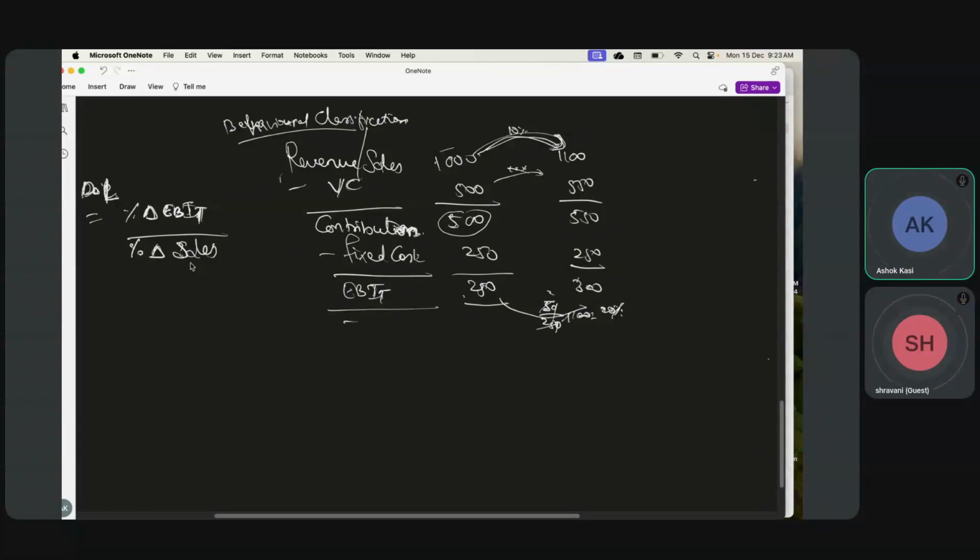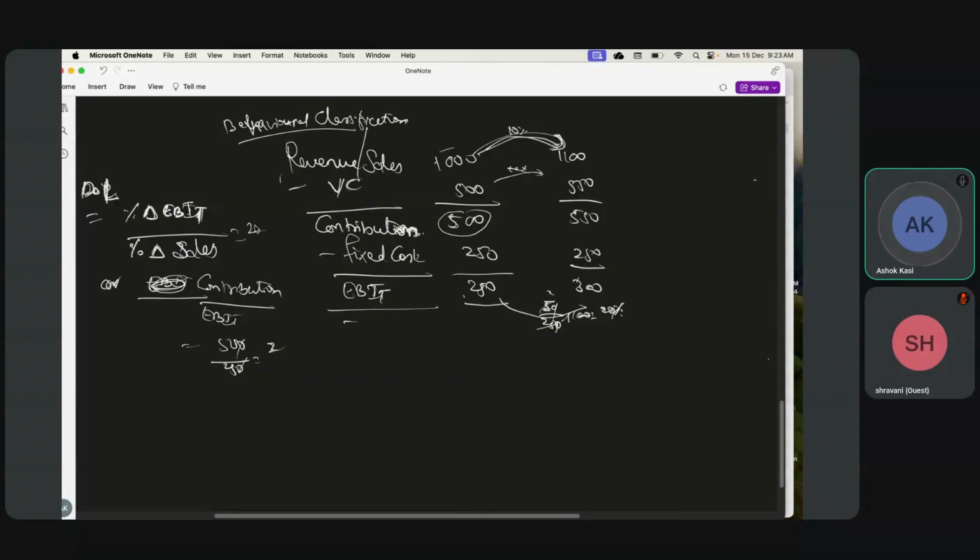Then there is one more formula. So what is that formula? Contribution by EBIT. That is 500 divided by 250, which is equal to 2.